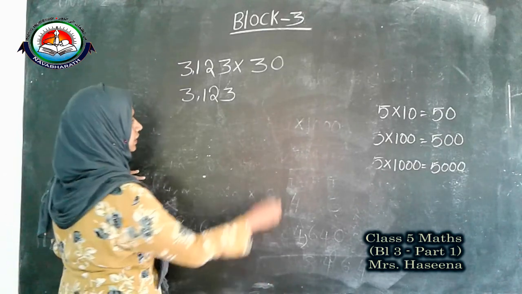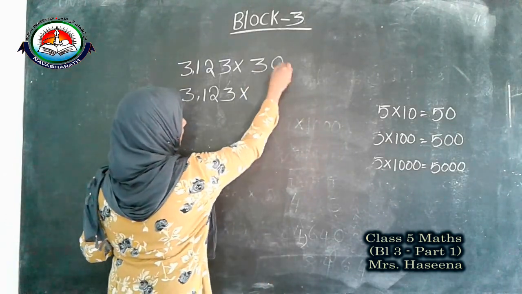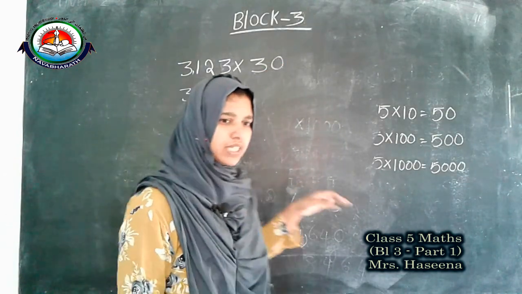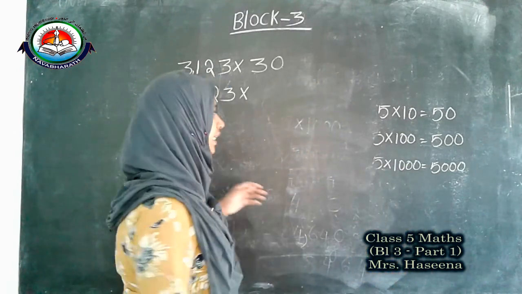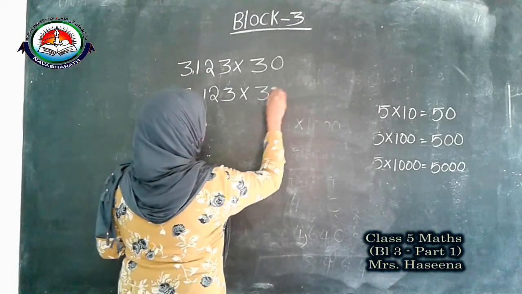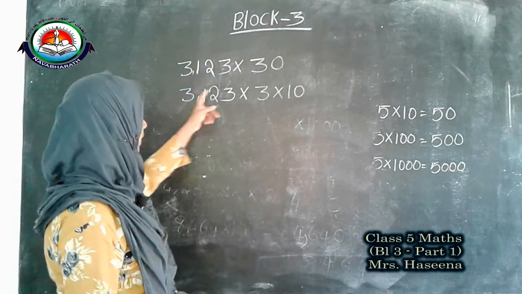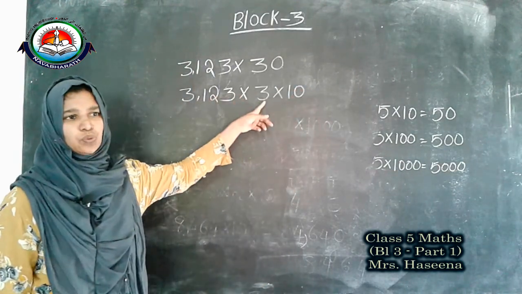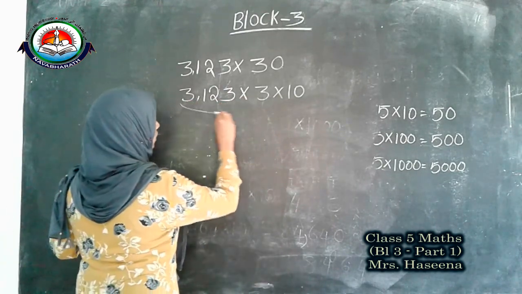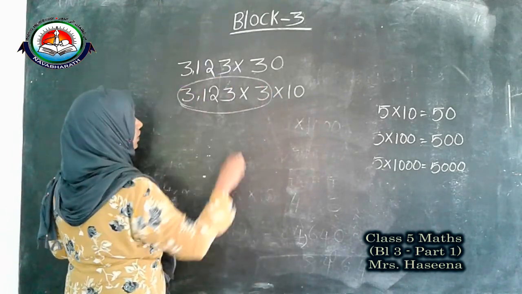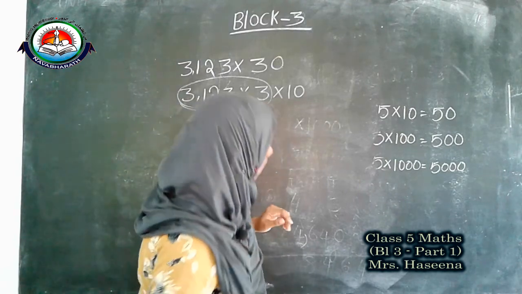Then into 30, how can it be split? 3 into 10. So 3 into 10. What is the next step? Multiply these two numbers. Okay, then multiply. What will you get by multiplying?